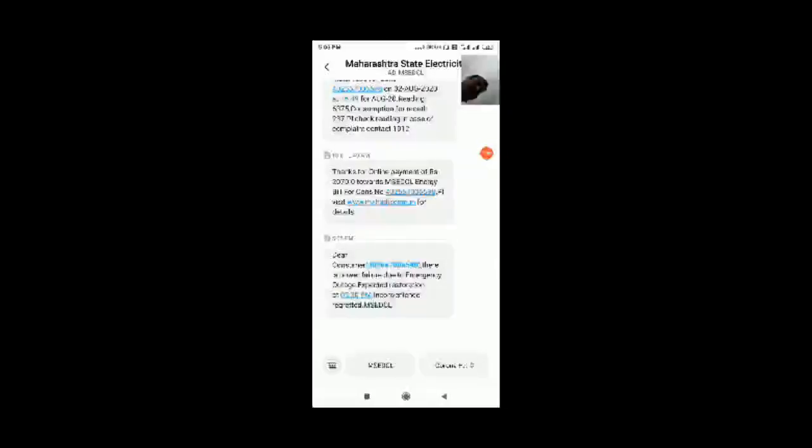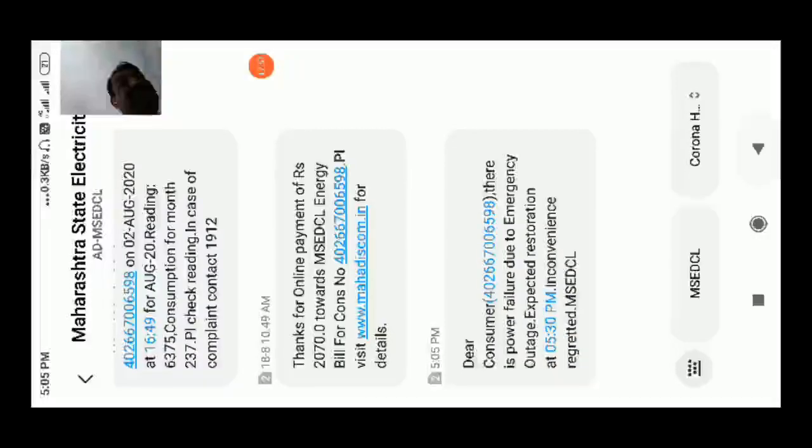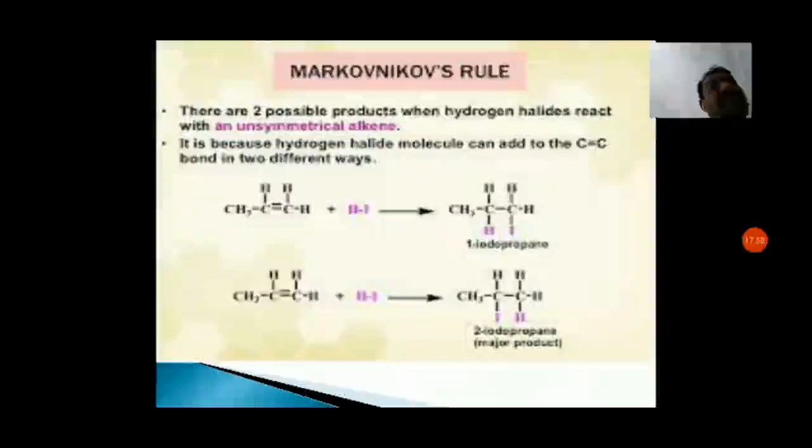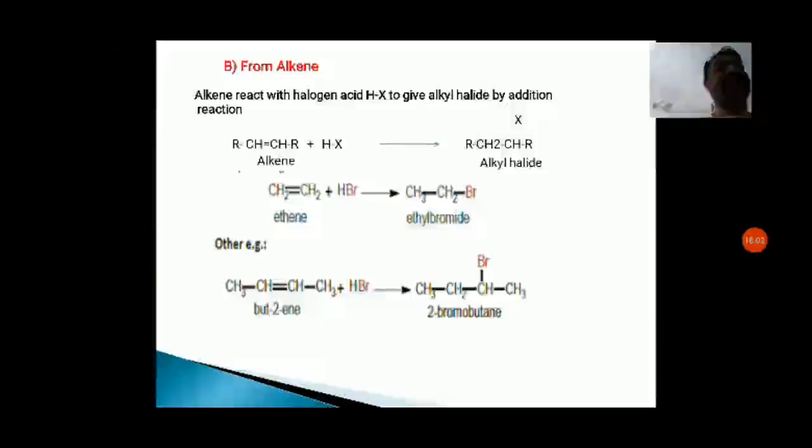So for example, ethene is also a symmetric hydrocarbon. Therefore we get the product ethyl bromide. Similarly, 2-butene is also a symmetric alkene.